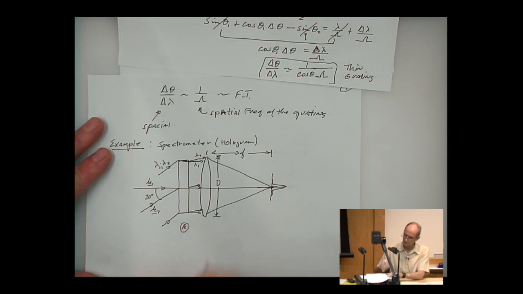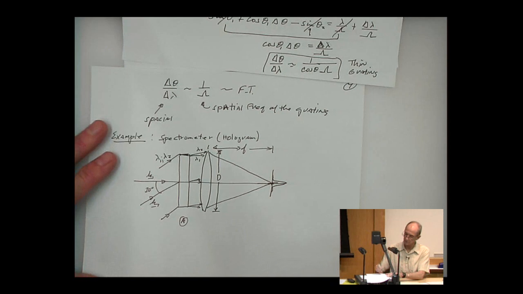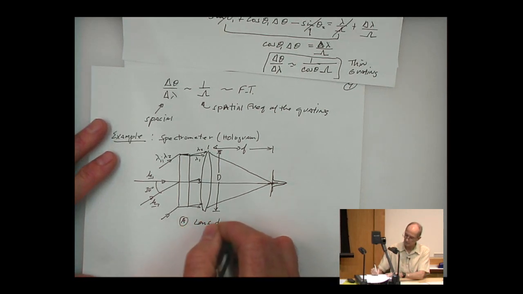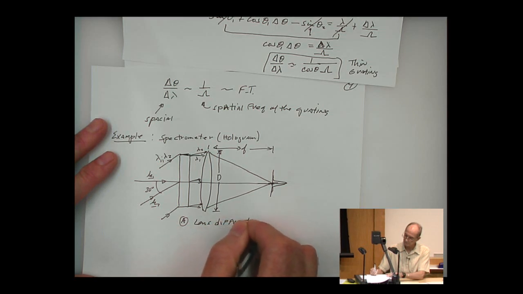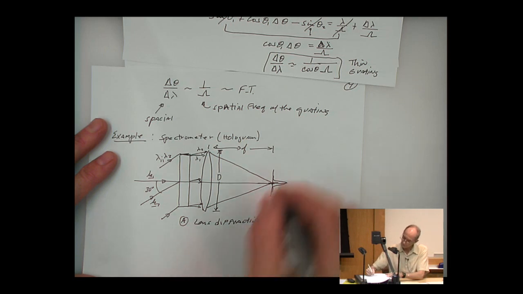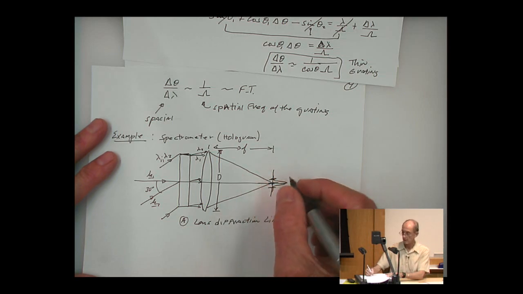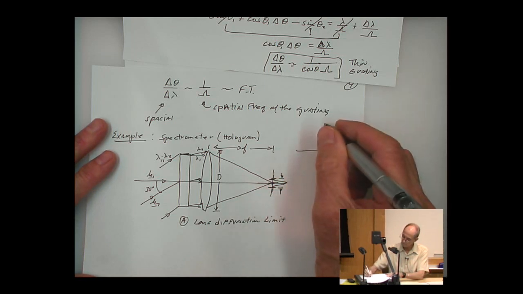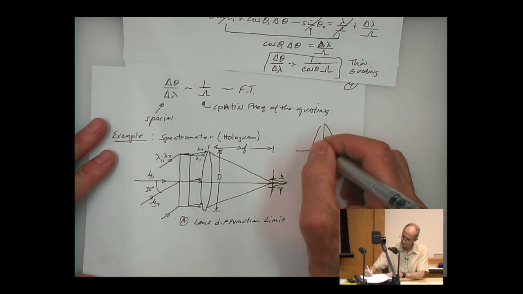And in particular, let's call this component A in the description, the lens diffraction limit. The pattern that we would have from a circular aperture is a Bessel function, and there's a null around that, and there'll be a null on either side. If we blow that up, we get this 2J1(x)/x function.